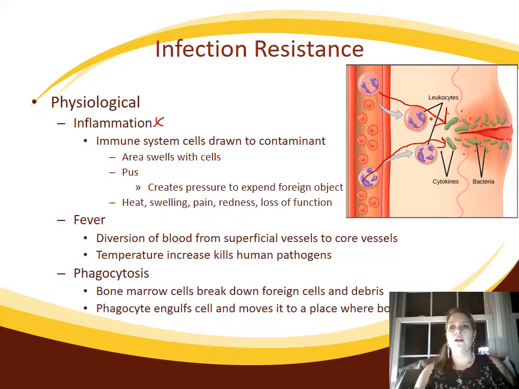We've got to get over here. We've got to envelop that, and we've got to get it out of here. Okay? So these leukocytes all rush to the area. Then they create an amount of pressure in that area. So the rushing of leukocytes in that area causes that inflammation and causes pressure.